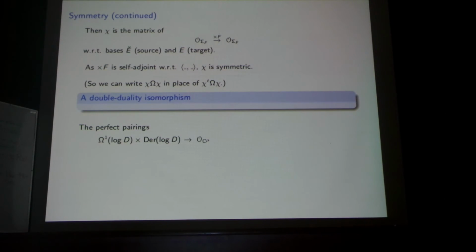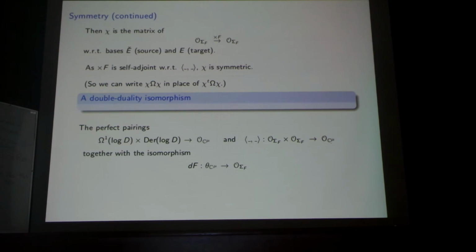I'll just mention two things in this connection. The first is that we can put these two perfect pairings together: the obvious perfect pairing between Omega^1(log D) and Der(-log D), which is just the standard pairing of one forms with vector fields, and the Gorenstein pairing. This gives us a natural isomorphism from Omega^1(log D), the logarithmic one forms on the base space, to vector fields on the base space, by using both perfect pairings.